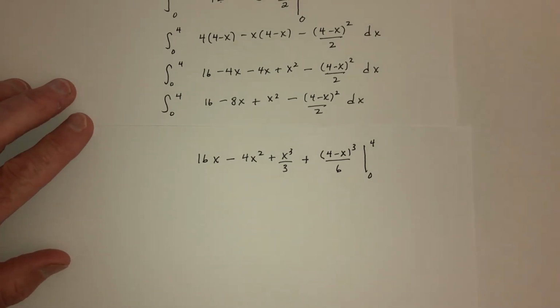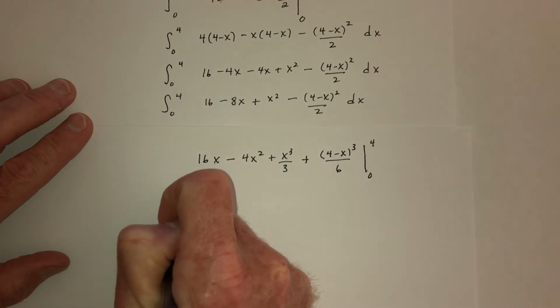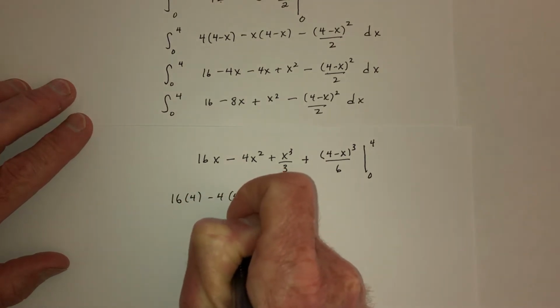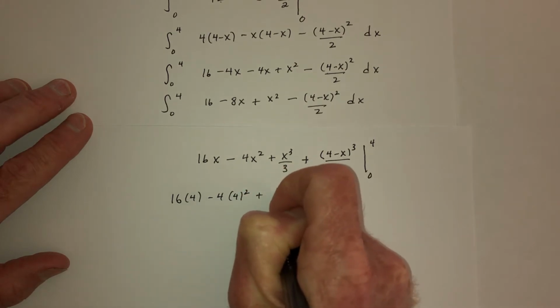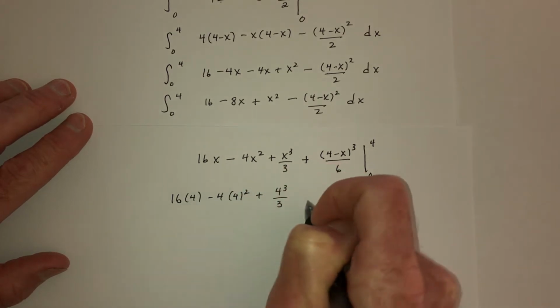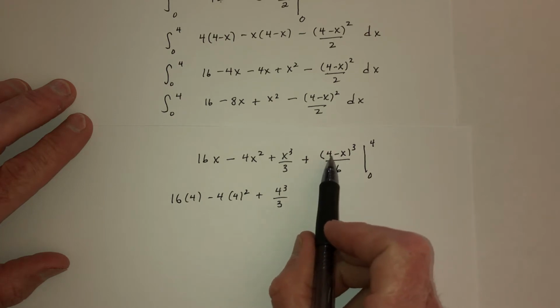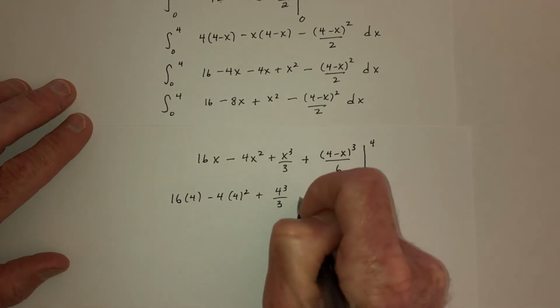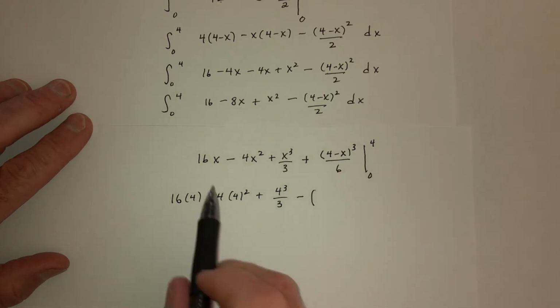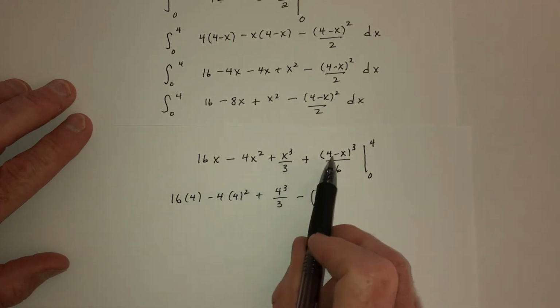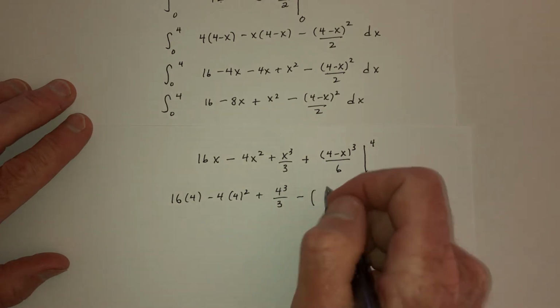So when you substitute the 4, that's going to be 16 times 4 minus 4 times 4 squared plus 4 cubed over 3. And when you substitute a 4 in here, this is going to be 0. Okay, then minus, when you put a 0 in, that's 0, that's 0, that's 0, and then this would be 4 minus 0, so it's 4 cubed over 6.